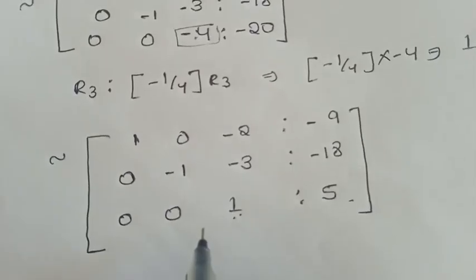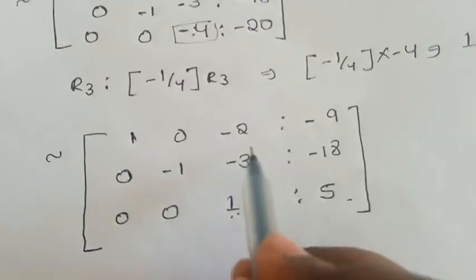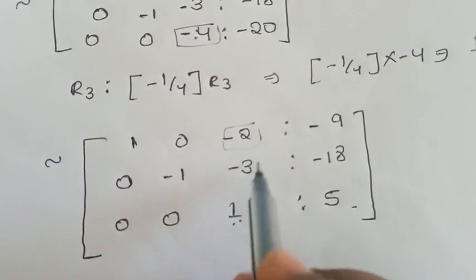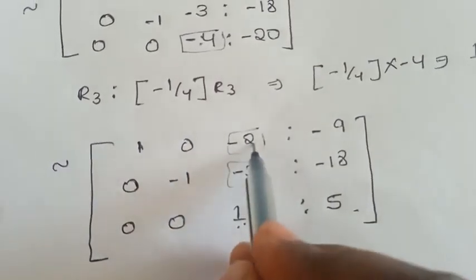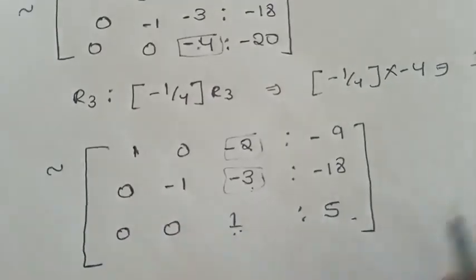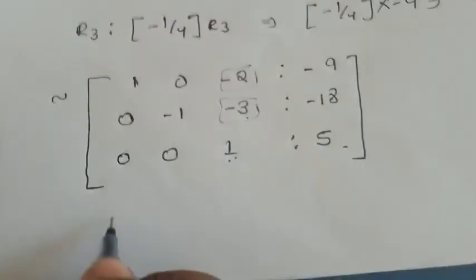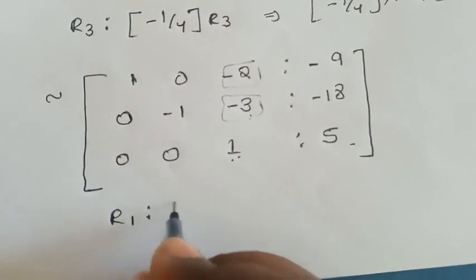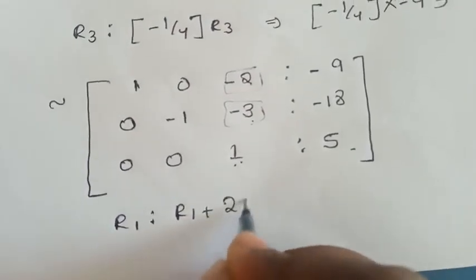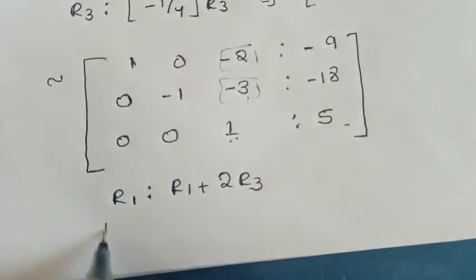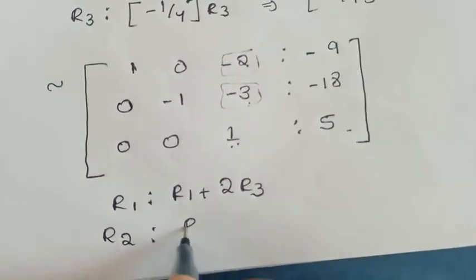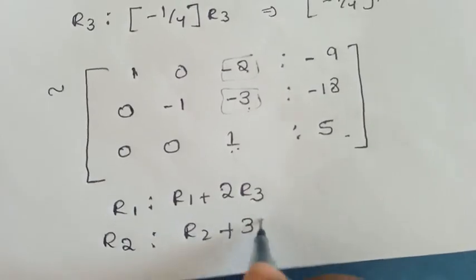After this we have to make R1 and R2 here, this one and this one, 0 and 0, right? For this we have some row operations like R1 tends to R1 plus 2R3. Then R2 tends to R2 plus 3R3.